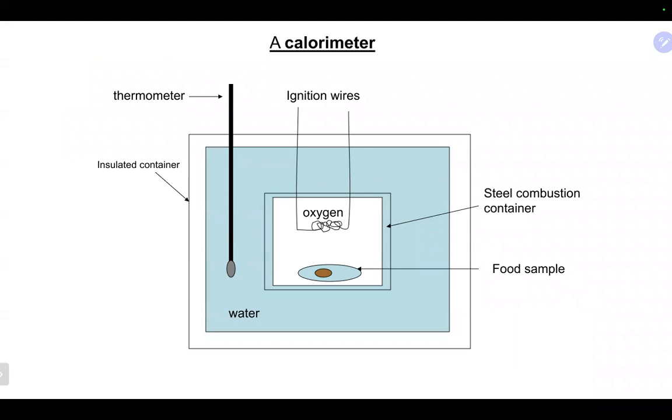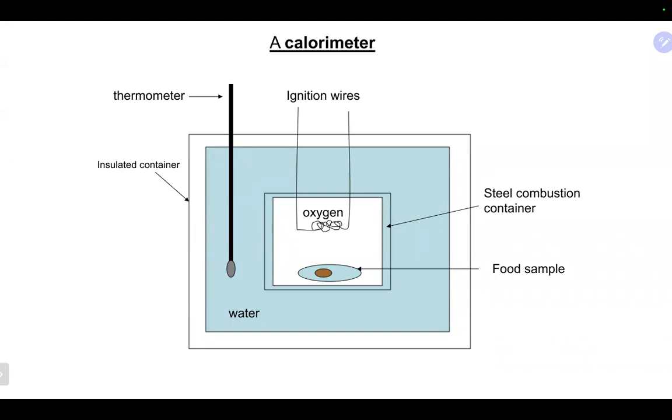It's a nice insulated container, and we have water inside. We have our reaction chamber filled with oxygen and some ignition wires. Clearly, we can ignite the oxygen that way. We have our food sample, like our cookie, and we basically set it on fire. As it's burning, it's going to give off all the heat and energy, which will go right into the water, right?